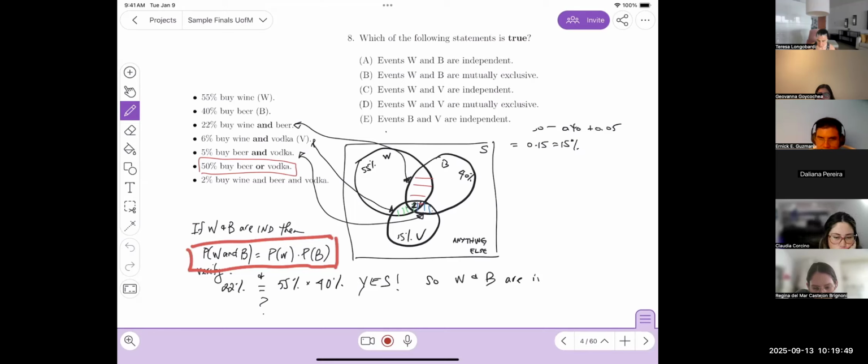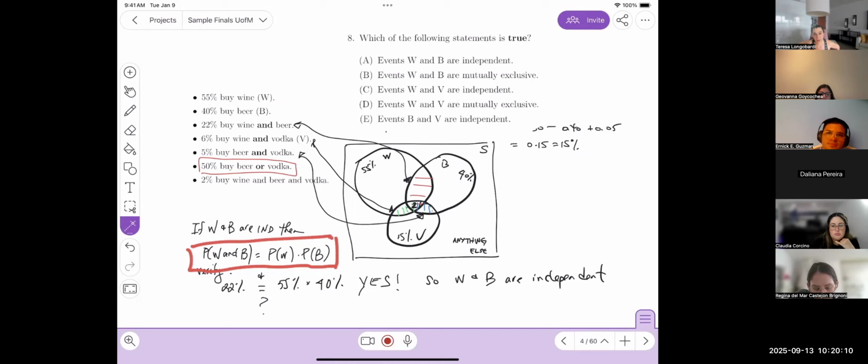So what does it mean in words? It means that 55% of the people, or the chance, let's say it like that. I explained that probabilities are long run relative frequency.